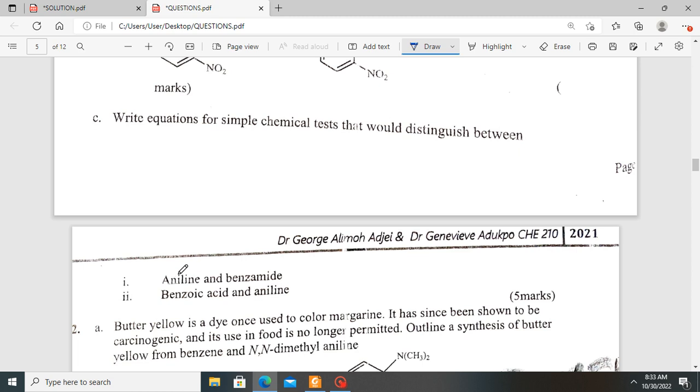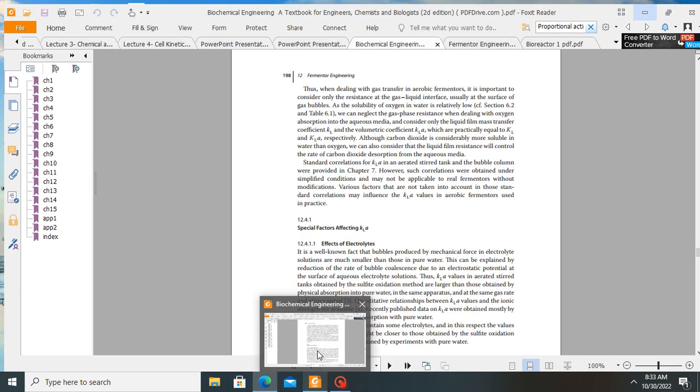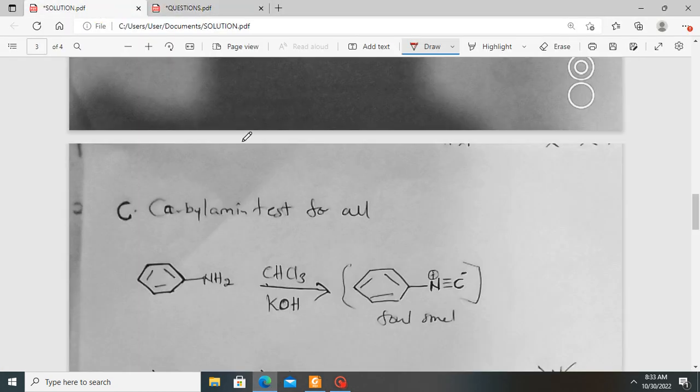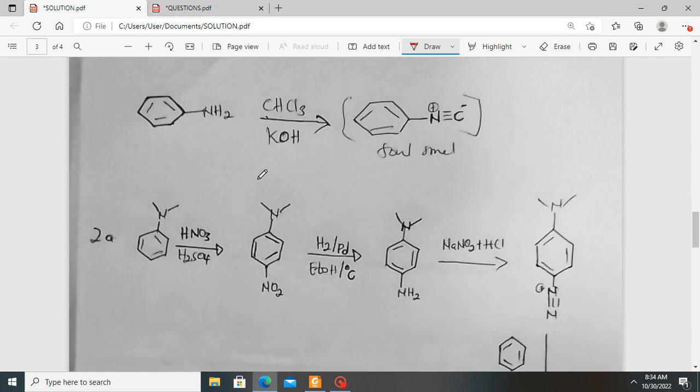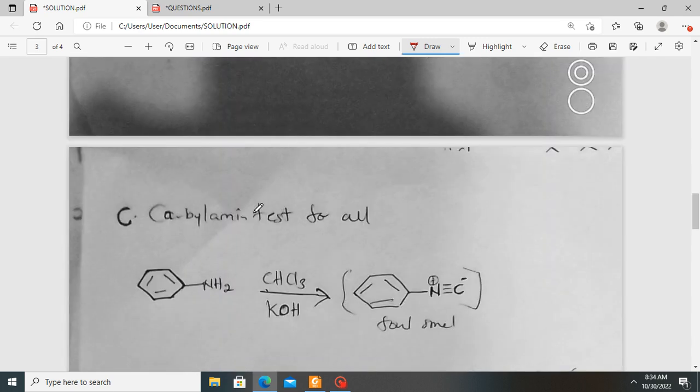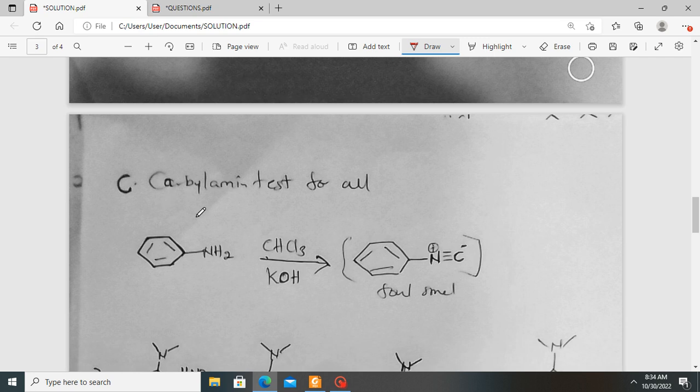This one is aniline, which is a primary amine. So the test for aniline in a compound, or let's say the test if a compound is an aniline, you have to go by what you call the carbylamine test. The carbylamine test is a test used to test for the presence of primary amines in a compound.